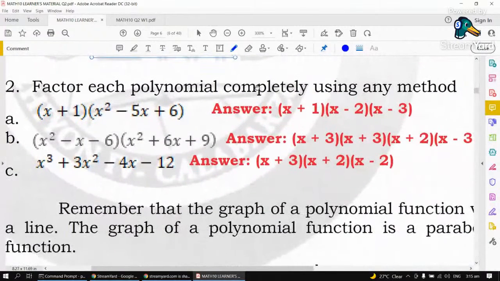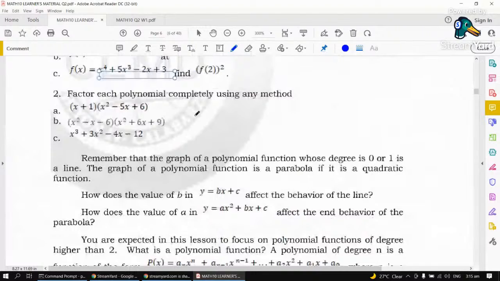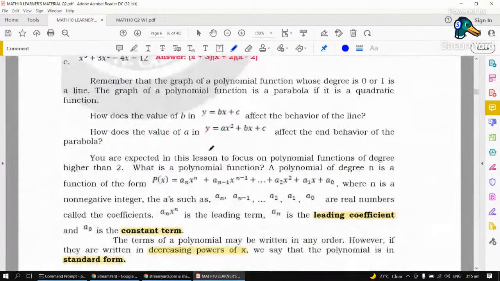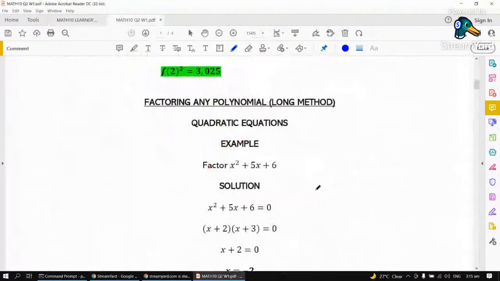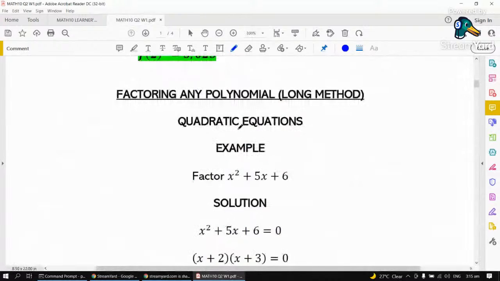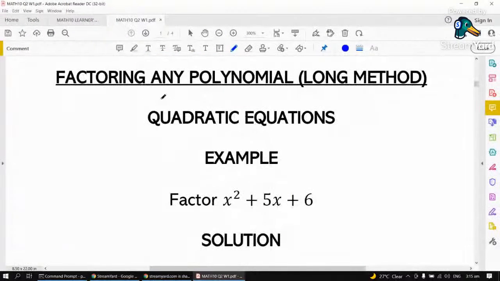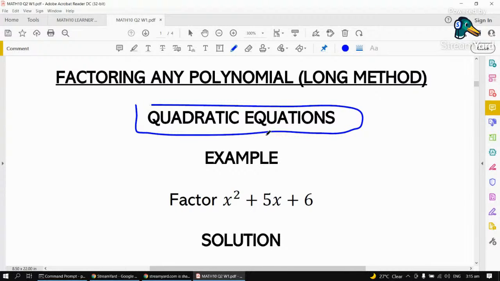Factor each polynomial completely using any method. Okay, so any method. Meron tayong factoring na since grade 7 ay pinag-aaralan na natin, that is the quadratic equations.